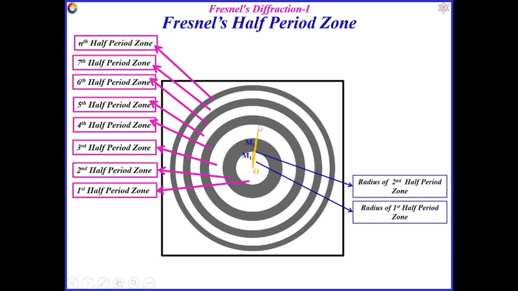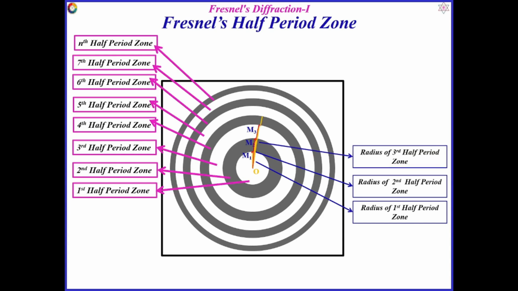Likewise, from O to this point at the edge of the third white strip, if we consider this point M3, this point is M2, and this one is M1, then O to M3 is the radius of the third half period zone.